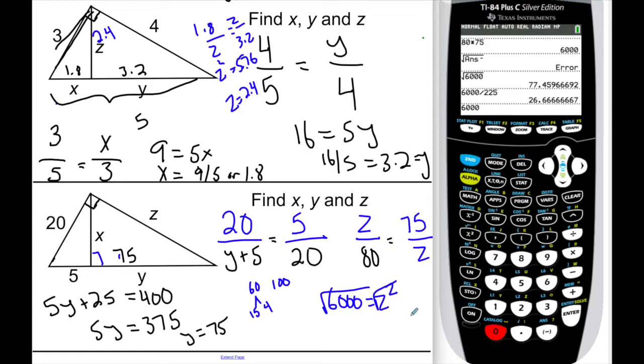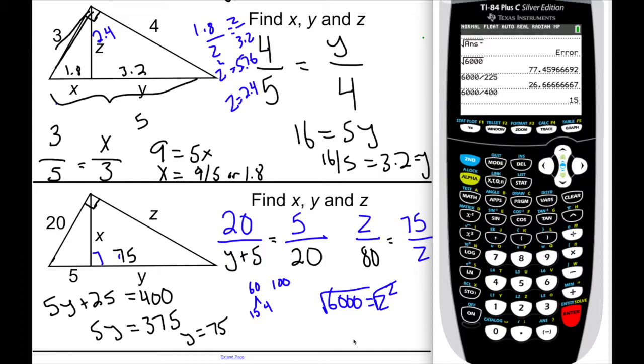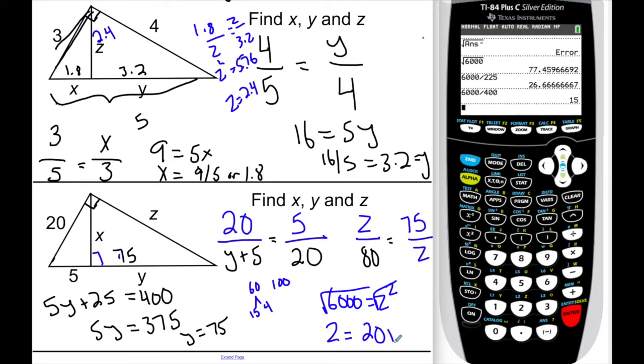So that means 6,000 is divisible by 400. Yes. Okay, so z is equal to 20 square root of 15, because 20 squared is 400, and the square root of 15 squared is 15, etc. Okay?